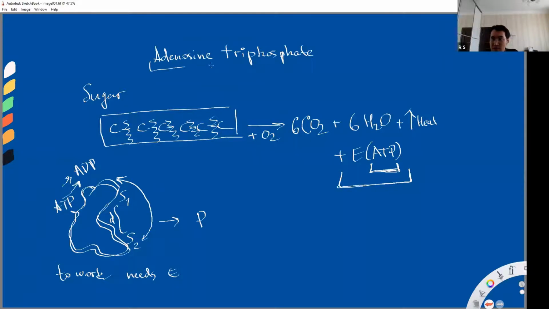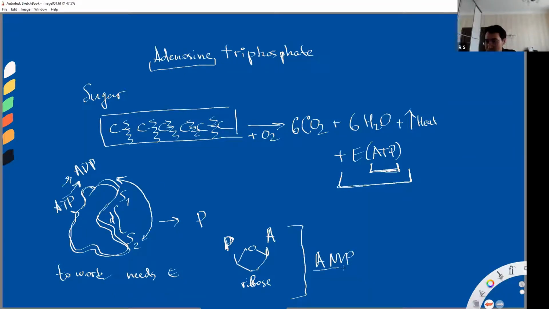If you take adenosine, there is a 5-carbon carbohydrate bound to the phosphate group. And on the other side, it's bound to the nucleotide base, in this case adenine. So this is ribose. And here is phosphate. So this monomer is called AMP, adenosine monophosphate.